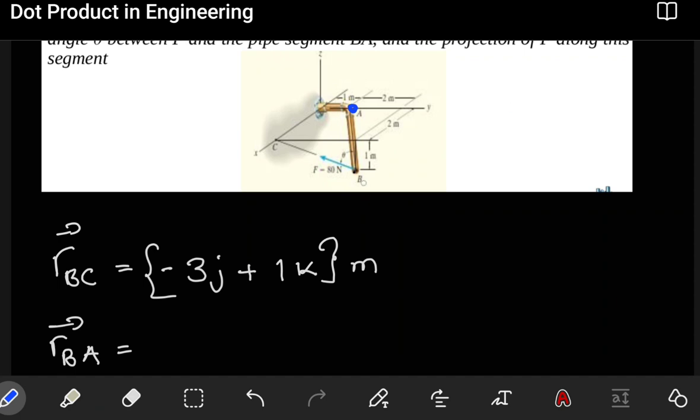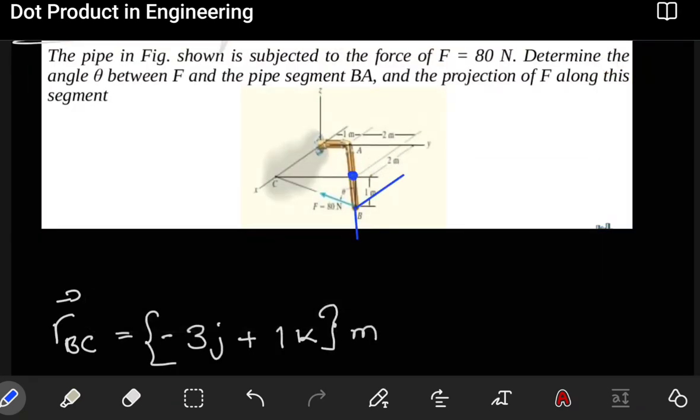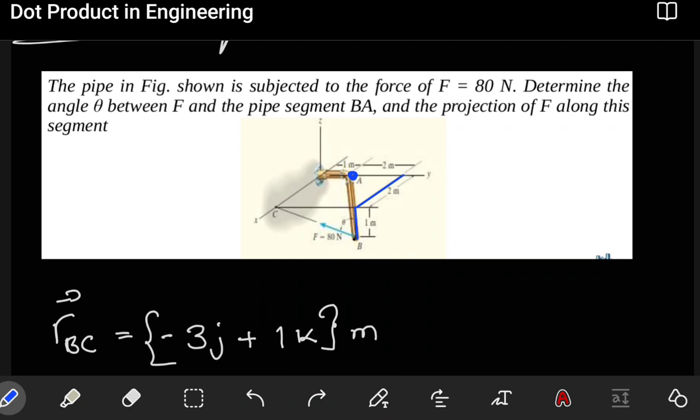So first we're going to go from B coming up vertically upwards in the z-axis, which is just 1 meter. Then we're going to move parallel to the x-axis, that x component, to reach the y-axis. Then we're going to move along the y-axis to reach our point A.